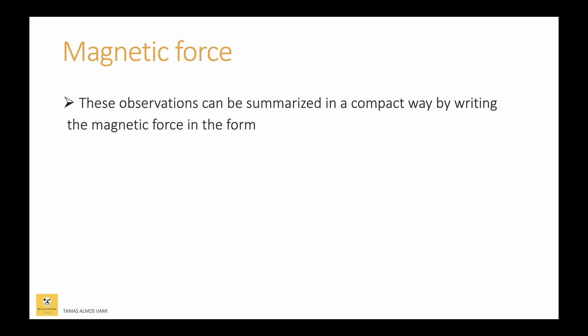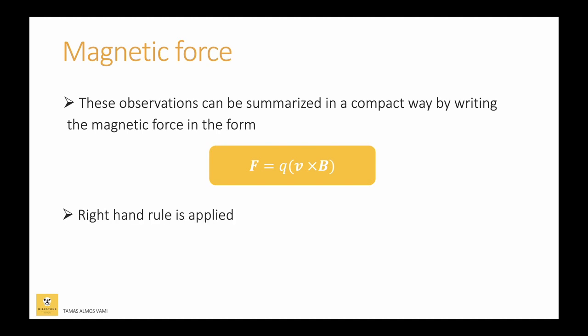These observations can be summarized in a compact way by including the cross product of vectors. So the force is going to be the charge q times the velocity v crossed with the magnetic field vector B. This is where the right hand rule comes in.